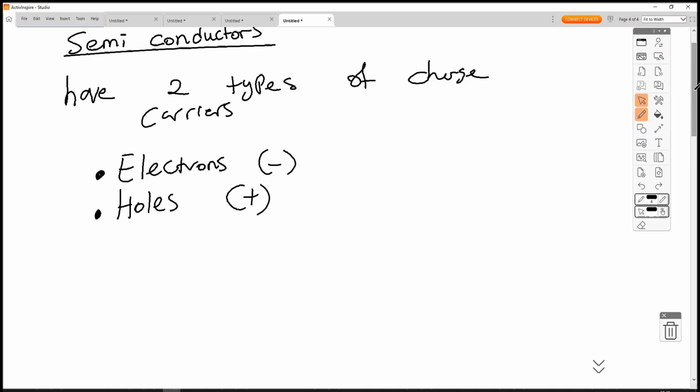Now, semiconductors don't behave the same way. In semiconductors, if we heat them up, or if we provide them with energy, then the charge carriers, for example electrons, can become excited into the conduction band where they can now conduct and behave like free electrons. And more of them become available to conduct.